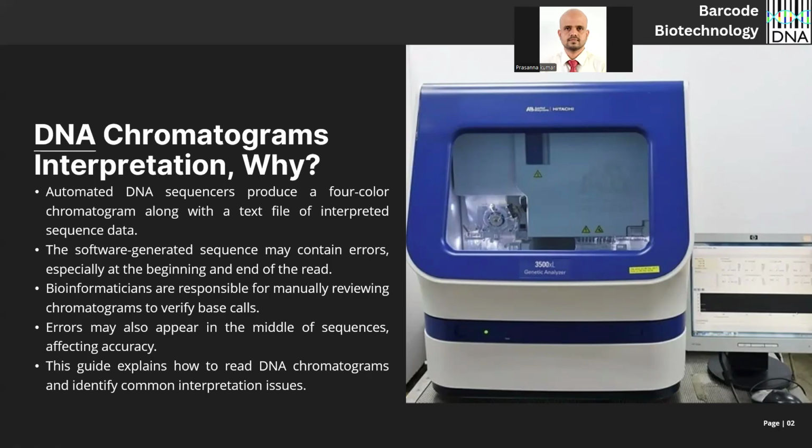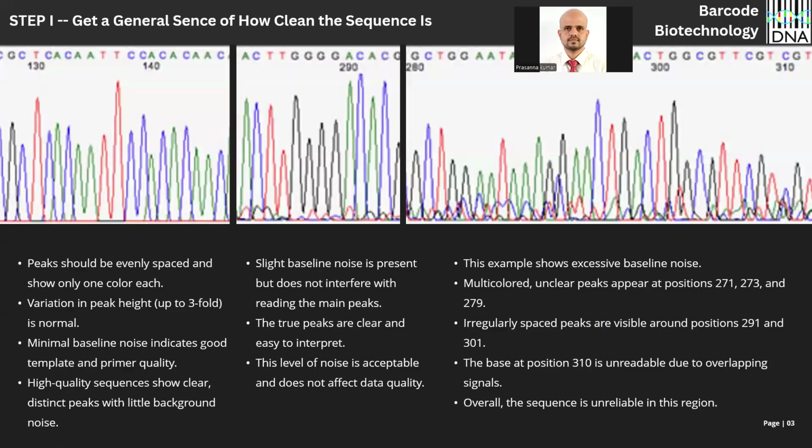I will tell you how they can cause noise in the chromatogram. As a bioinformatician, we are responsible for manually reviewing the errors before extracting the actual nucleotides from the chromatograms. The error may appear at the beginning, middle, or end of the chromatogram. We will see that one by one.